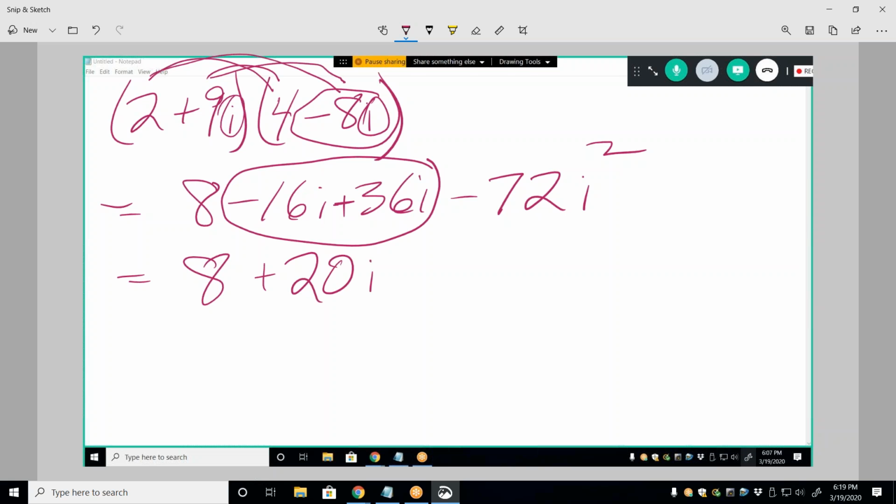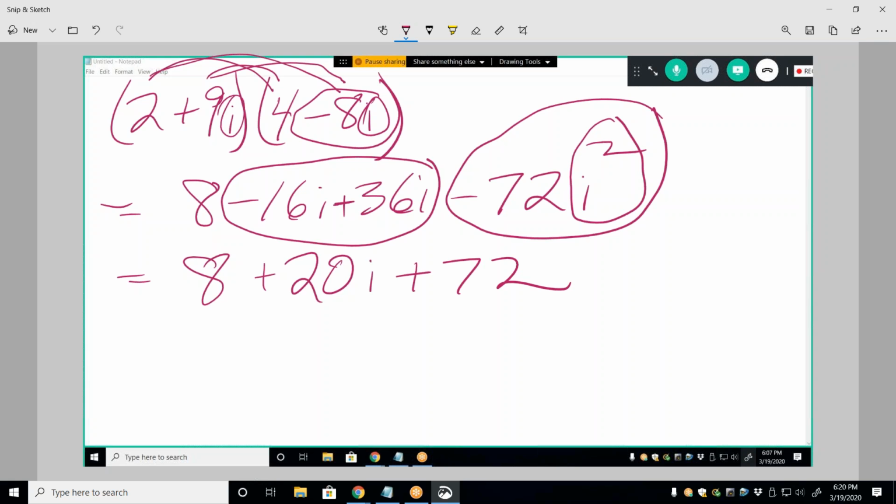Okay, and then again, if i squared is equal to minus 1, what is that whole thing equal to? Positive 72. Okay, now add the real numbers together. So that's 80 plus 20i. That's your final answer.